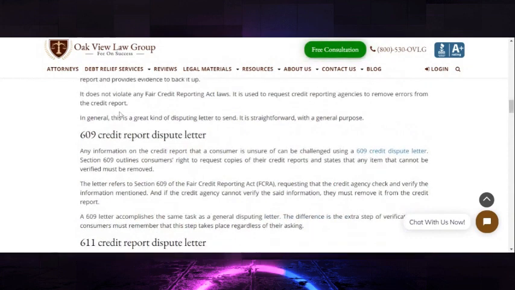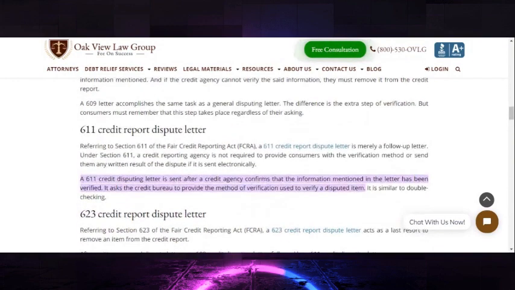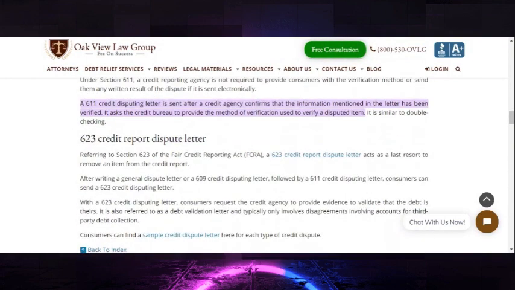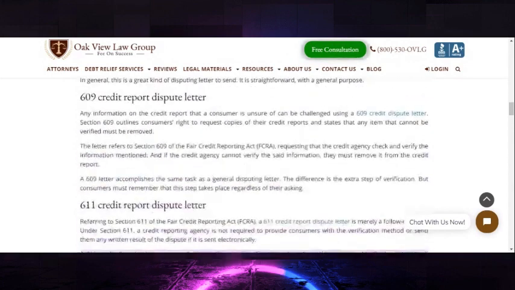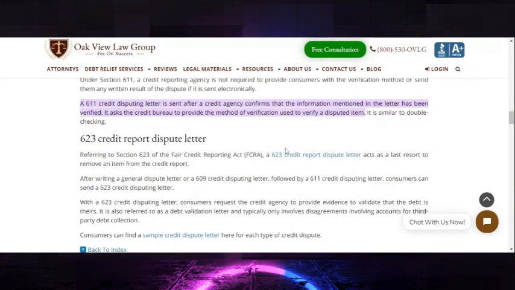When you are Googling letters and free letters online, you're going to get all the generic 609 letters, the 611 letters, 623 letters, and this just basically explains exactly what I said. So if you want to check it out, feel free. I don't use the 623 letters, but if you want to use it, the 623 letter acts as a last resort to remove an item from a credit report.